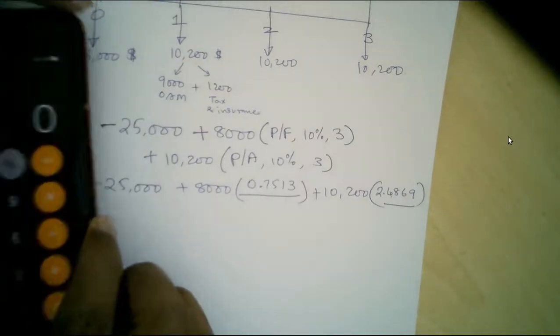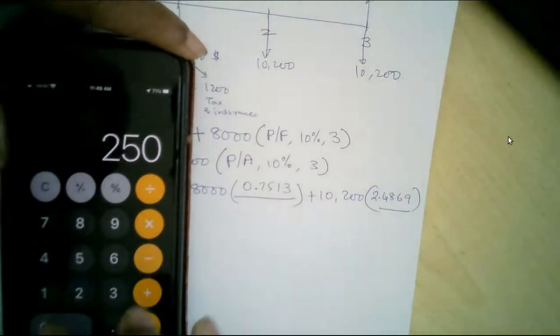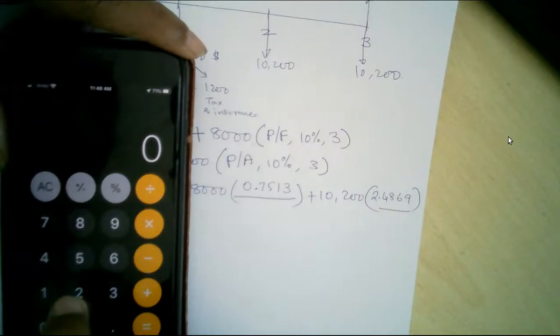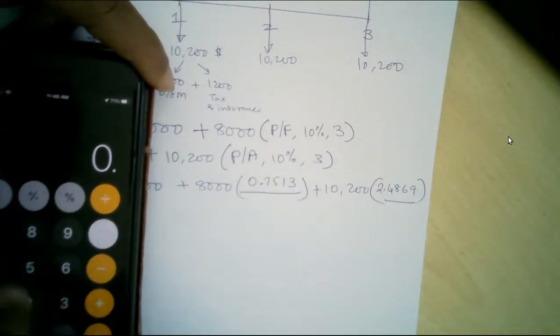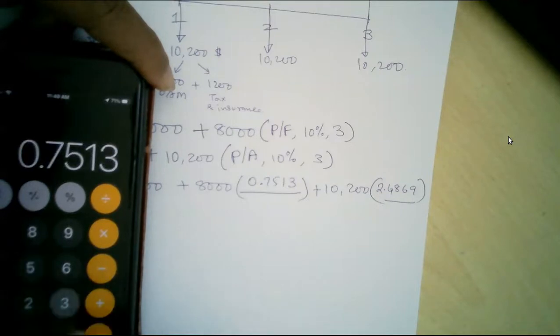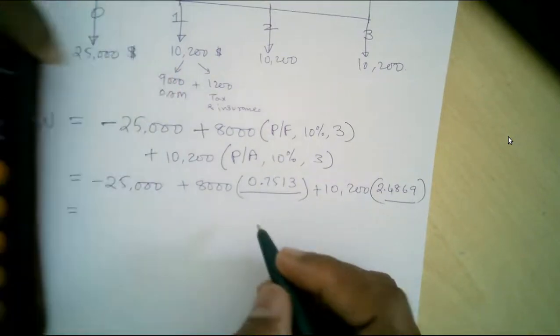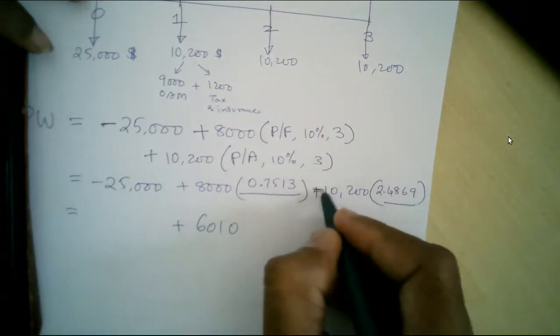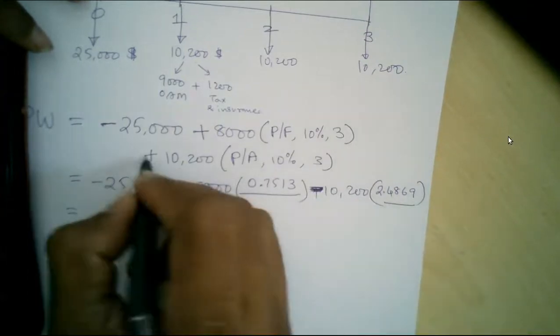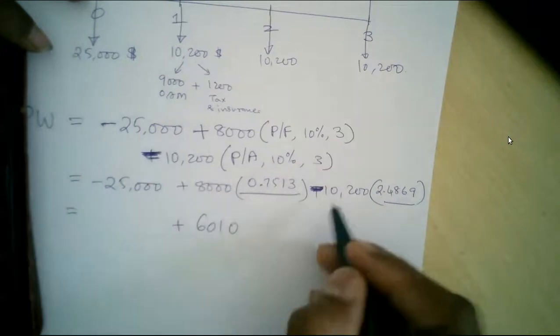Okay. Sorry, first I will do this multiplication. 8,000 multiplied by 0.7513 is 6,010. This is positive. I'm sorry, the 10,000 here will be negative. Again, sorry for the confusion.